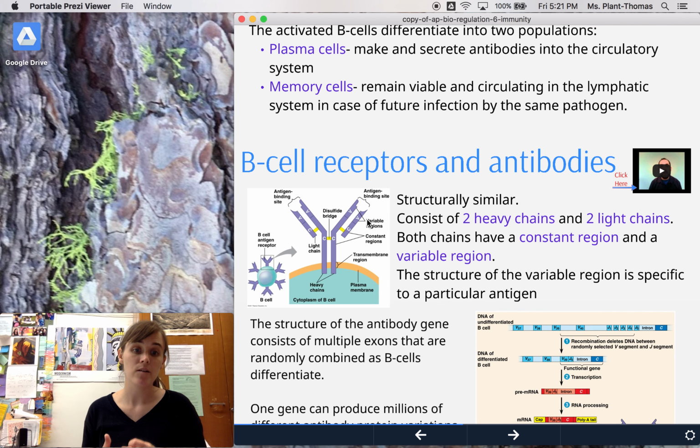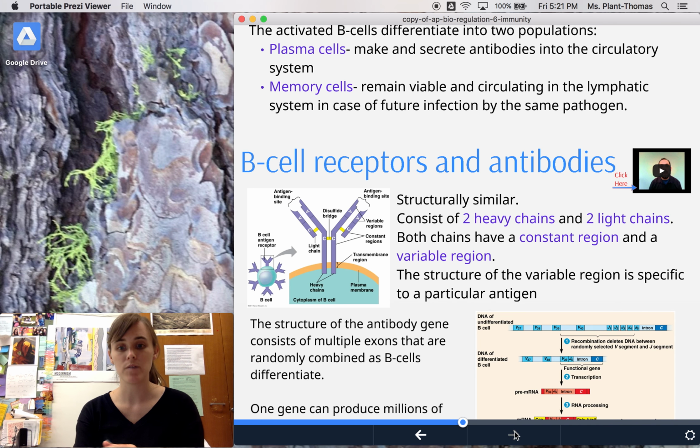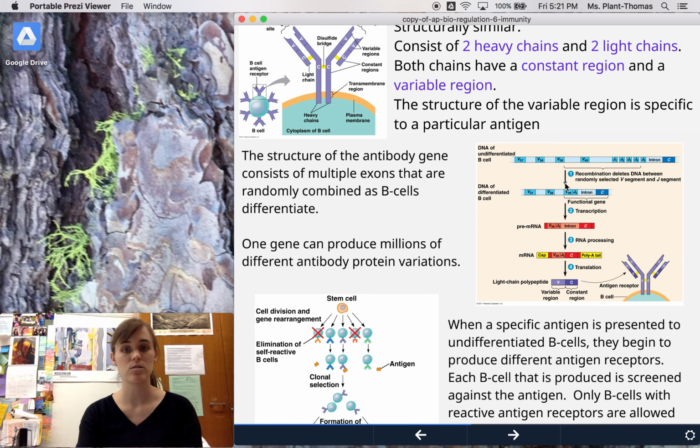So basically how this works is your body is able to produce, because of genes, and we haven't talked about exons and introns and the DNA stuff yet, but basically each of your genes inside the B cells for making the antibodies, which are proteins, can produce hundreds of millions of different variations of antibodies.